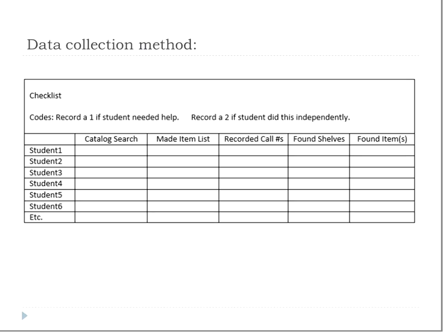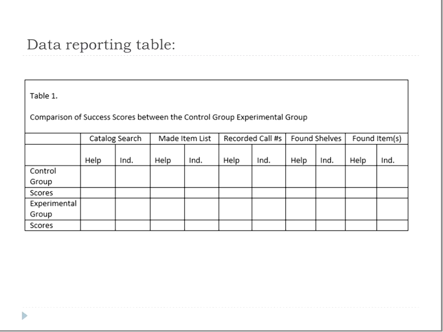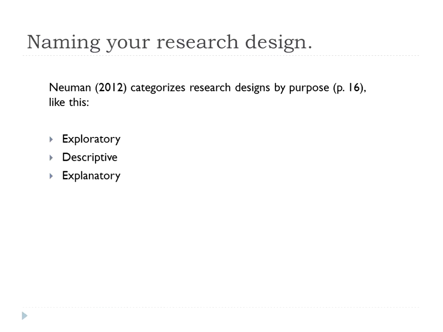Because you only gave a 1 if they needed help, you're going to have the lower scores. So it's all about computing some numbers here. And what would you do in the end for that type of study? You could do a t-test. And there are a number of ways that you could run data on that.